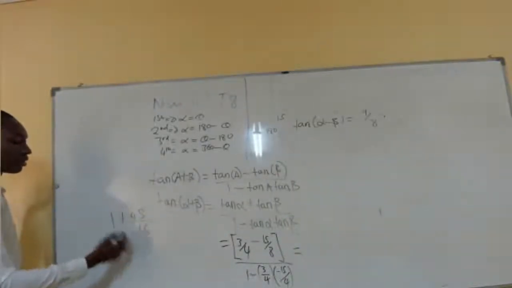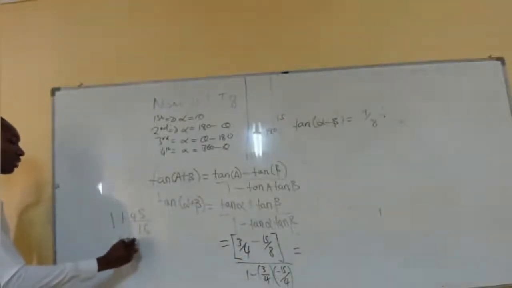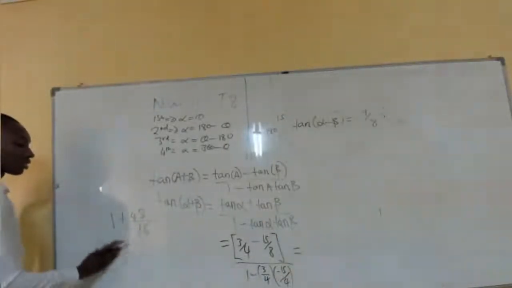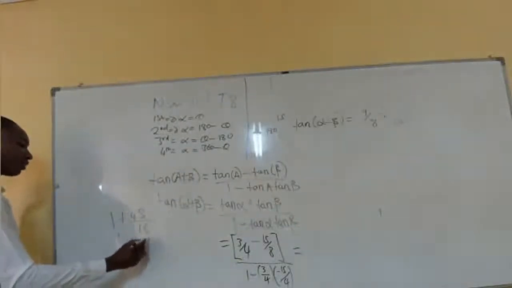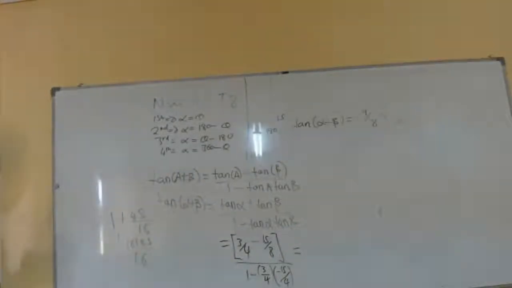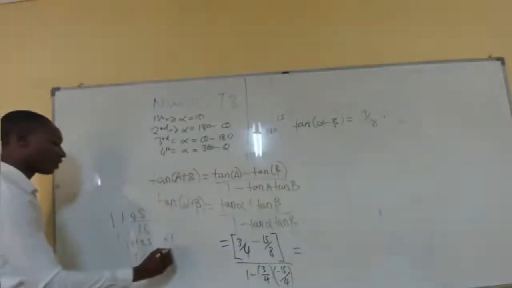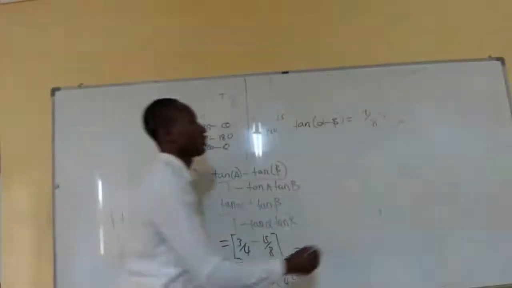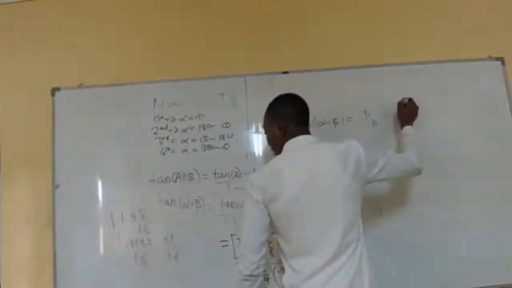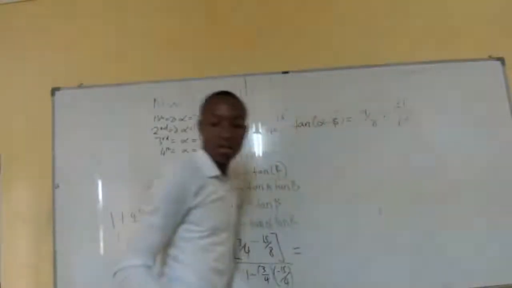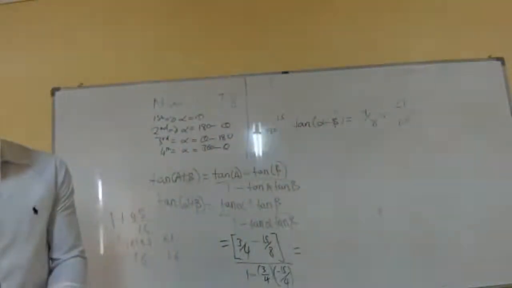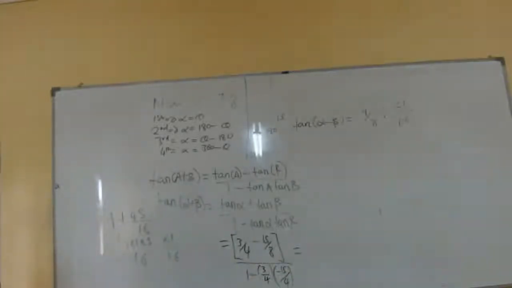Right, so we'll have instead 16 plus 45, common denominator is 16, alright, instead of 16 minus 45, so 16 plus 45 is 61, so we have 61 over 16 as the denominator.